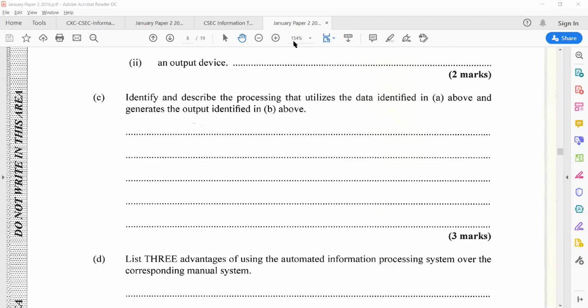Can anyone here describe processing? Yeah, I see some answers coming in here.